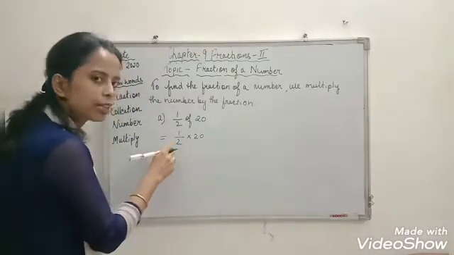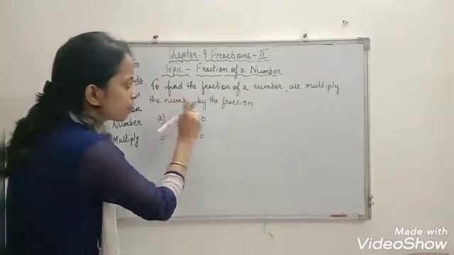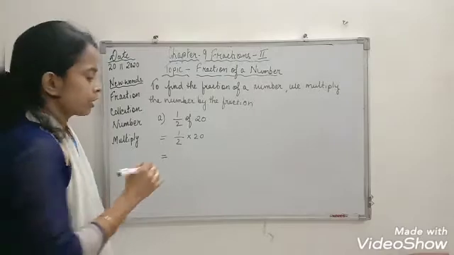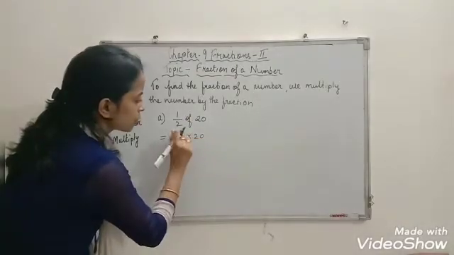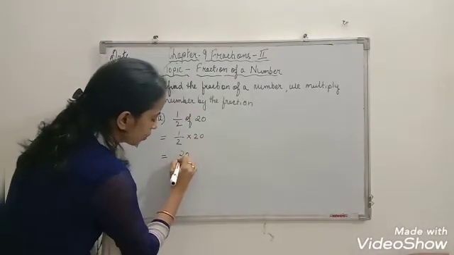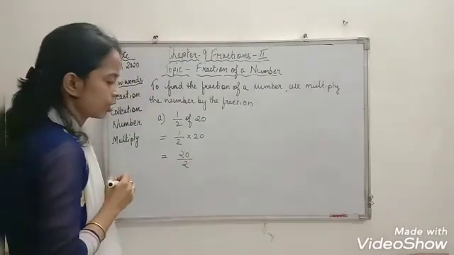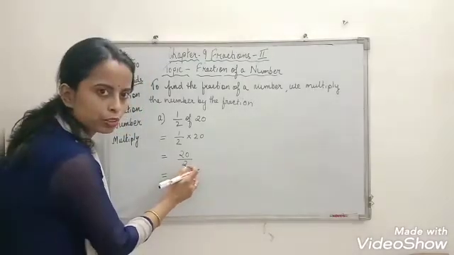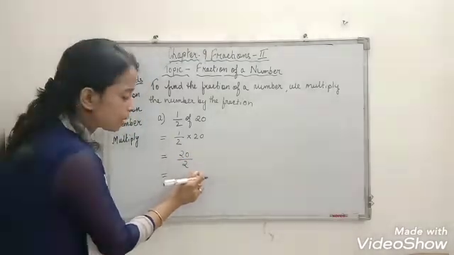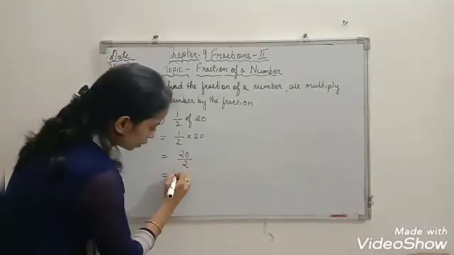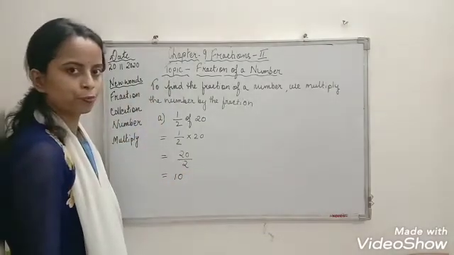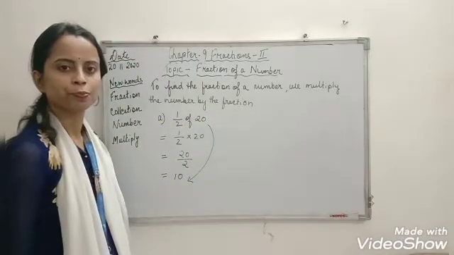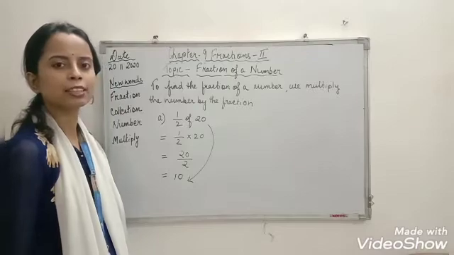Number and this one fraction. We multiply the number by the fraction. So we put 20 into 1. It's 20 by 2. So now divide 20 by 2. How much? 10. So half of 20 is what? 10.